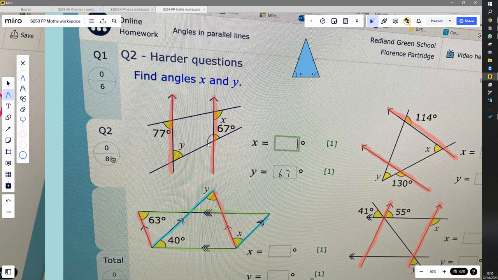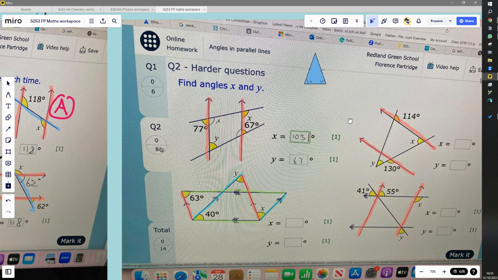What we need to do is basically look at the bottom line separately to the top line. So now we've got the top line, we can say that is corresponding to X, and so X and 77 have to be equal to 180 degrees. So that's got to be 103 degrees.